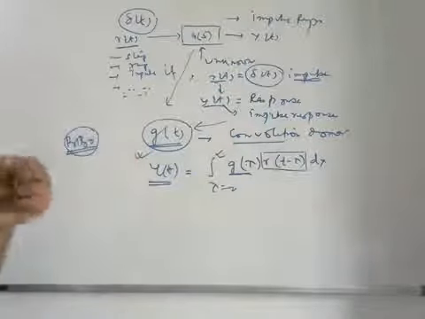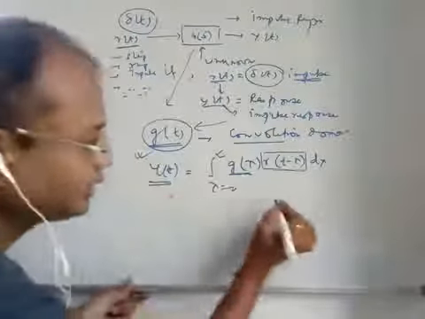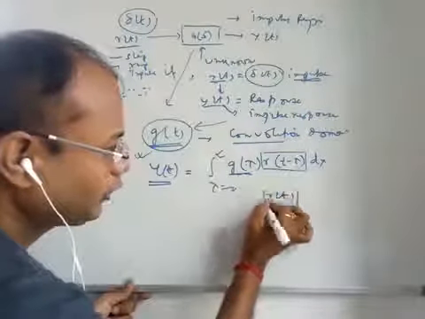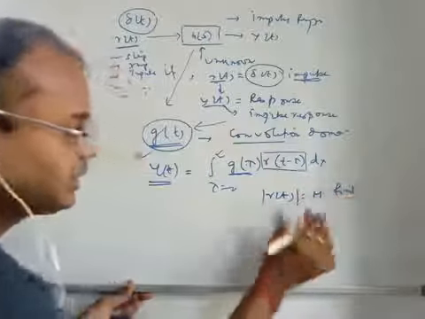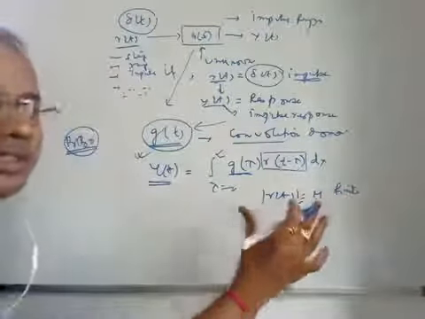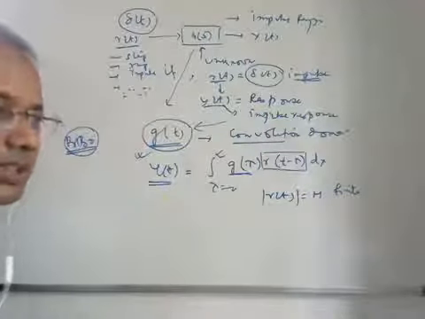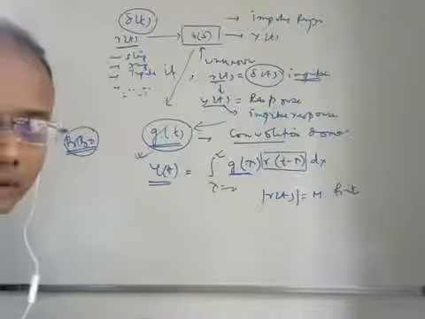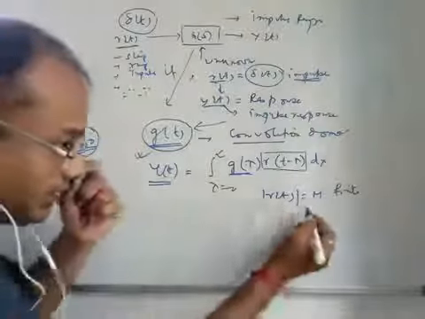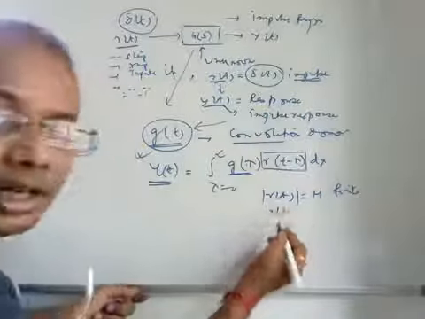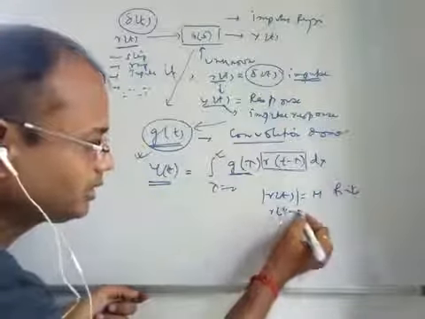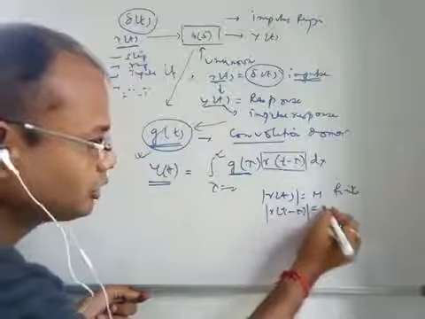This means if the input is bounded, that means mod of r(t) is, say, finite. Bounded means its magnitude is finite, not infinite. This is the definition of bounded. So if mod of r(t) is equal to M, definitely r(t minus tau) will also be some finite value, say M1.